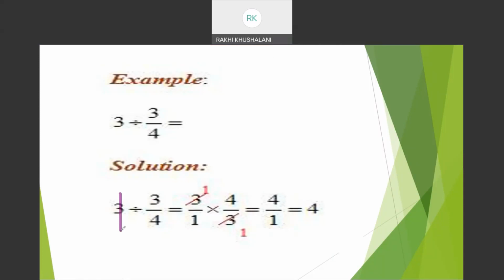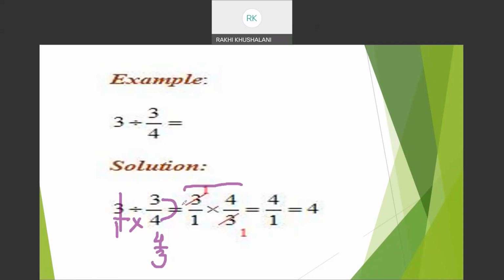I'm going to keep this. Change. I'm going to change this. And I'm going to flip this, so I'm going to make it 4 by 3. Also, you know that 3 can be written as a fraction, 3 by 1. So it becomes 3 by 1 into 4 by 3.